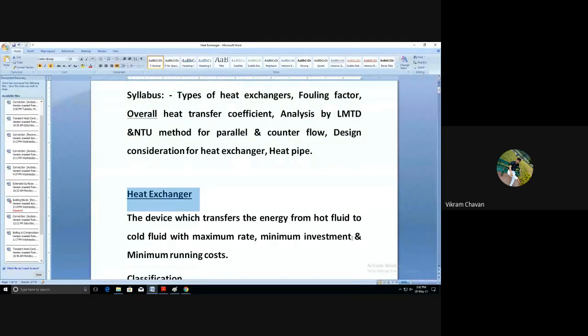If you use that function for productivity increment, or we can say effectiveness increment, of any function of industry, then that will be a better heat exchanger.